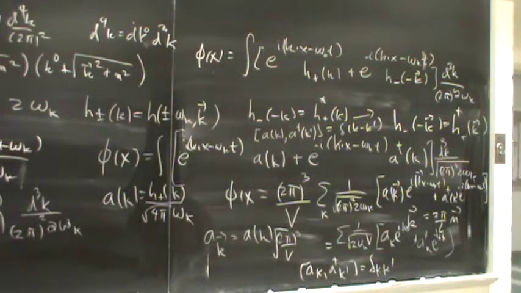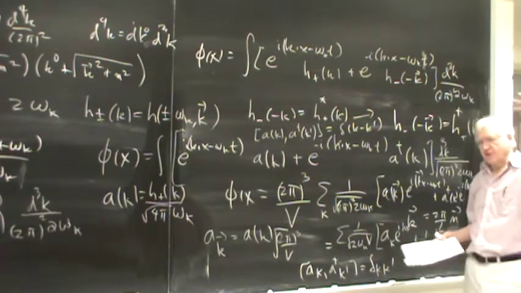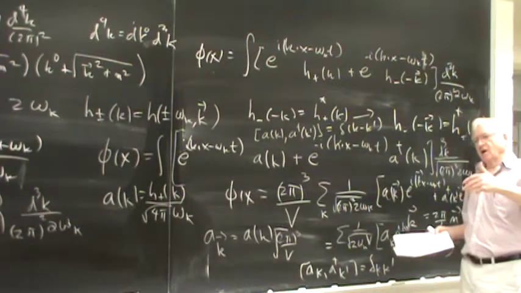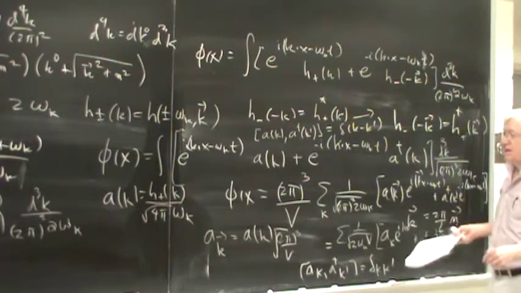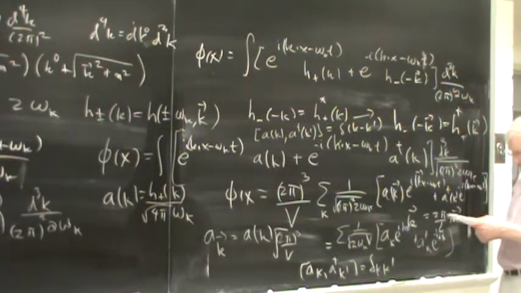So you see the normalization is actually right. So this recipe that we got for going from Fourier transform to Fourier series is useful and correct and so forth.